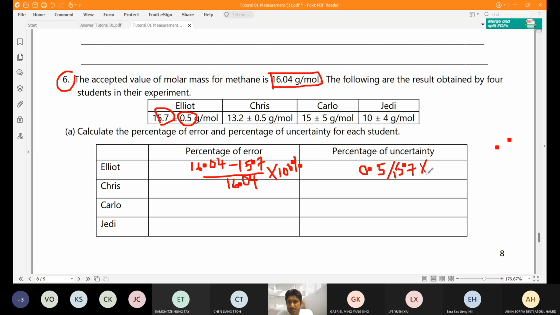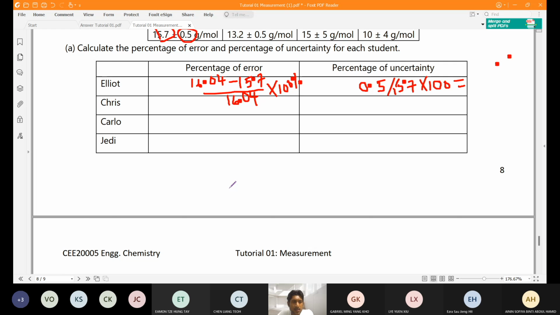In this way, we will see what the percentage uncertainty and percentage of error is for Elliot, for Chris, for Carlo, for JD, and everyone, right?